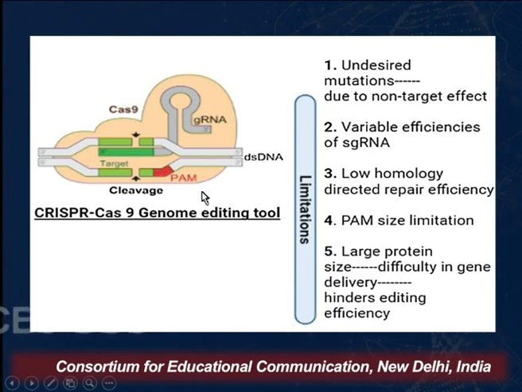Then sometimes the homology that we define is not enough for these CRISPR-Cas nucleases to bind to those regions, and then there is the PAM sequence. The specificity of the PAM is again a limitation for the CRISPR-Cas9 system. So there are many advantages, but as I said, when you compare the different nuclease genome editing tools, CRISPR-Cas9 comes as a very handy method.